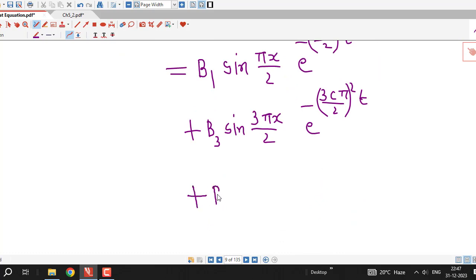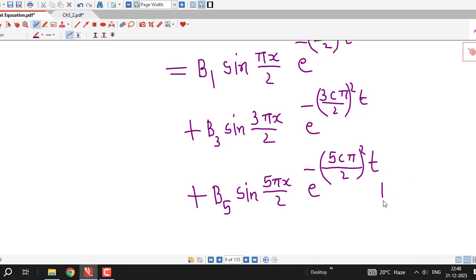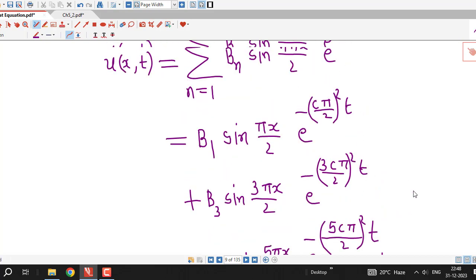Similarly for n equal to 5, B5 sin(5πx/2) e raised to minus (5cπ/2) whole squared multiplied with t, and so on.